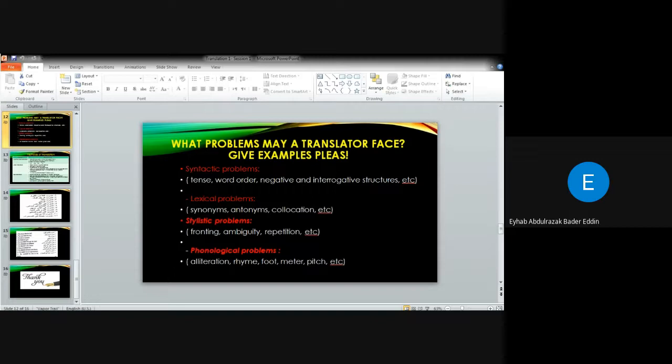Okay? And we have rhyme. You know rhyme. We have foot, meter, and pitch. Pitch has to do with what we call suprasegmental features in phonology. You know that? Did you study intonation?